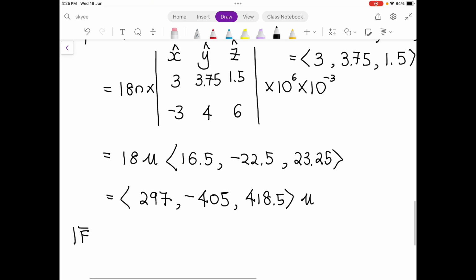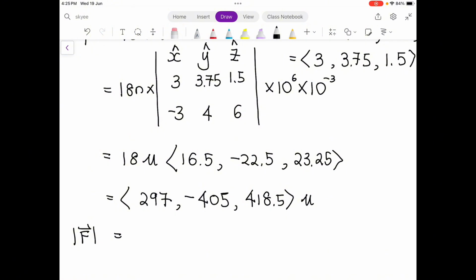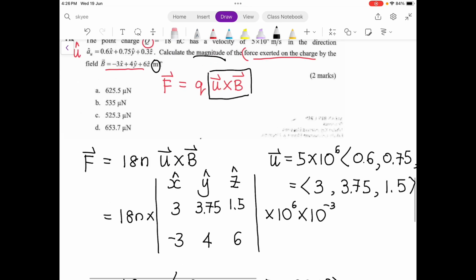How to find the magnitude? You have to square all, right? Square root the answer, you get 418.5.